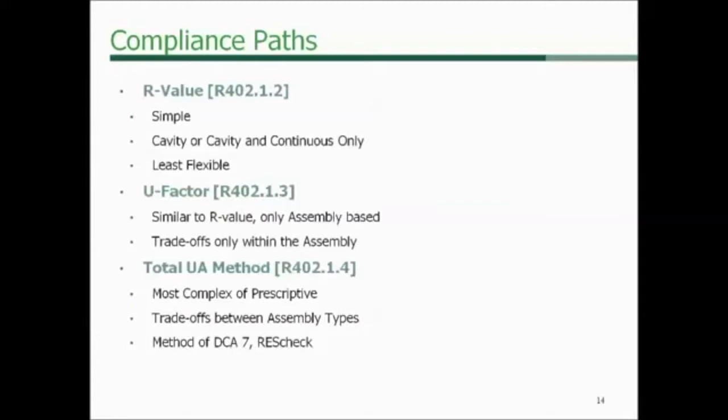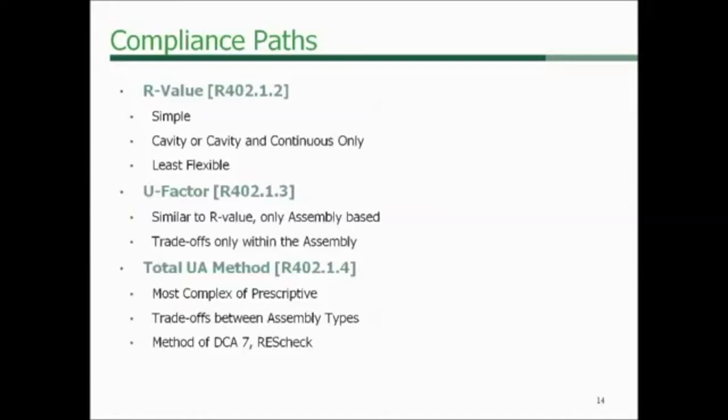If you're using a structural insulated panel, this might be a good way to go because it's not going to be in the R value table, but your overall assembly might be equal to or better than whatever is in the R value table, and so you can say, look, through U factor, I'm equivalent.